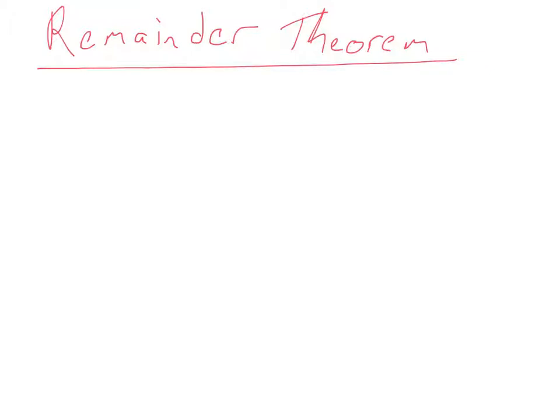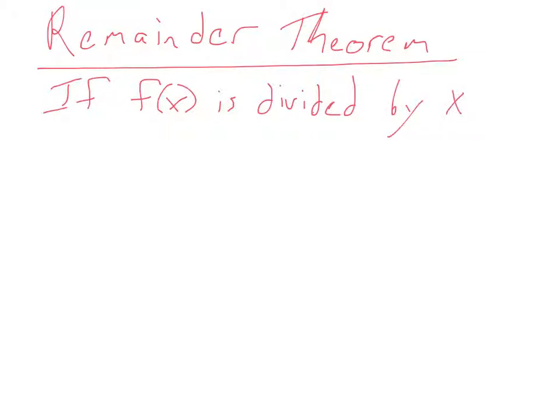What it says is that if f of x, just some polynomial, is divided by the binomial x minus c, where c is just any number, then the remainder equals f of c.